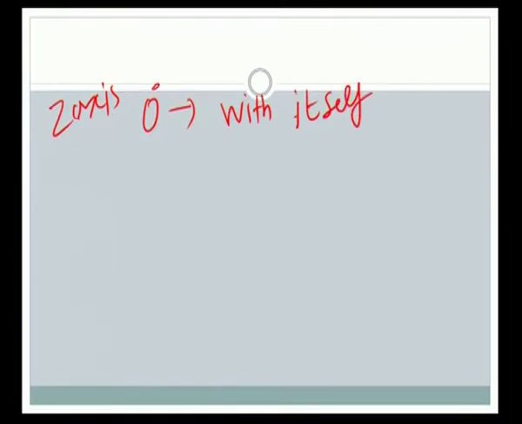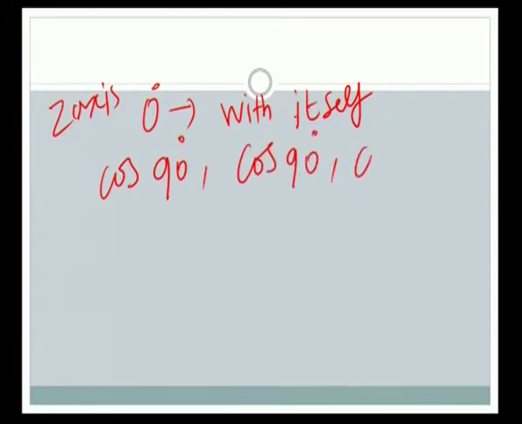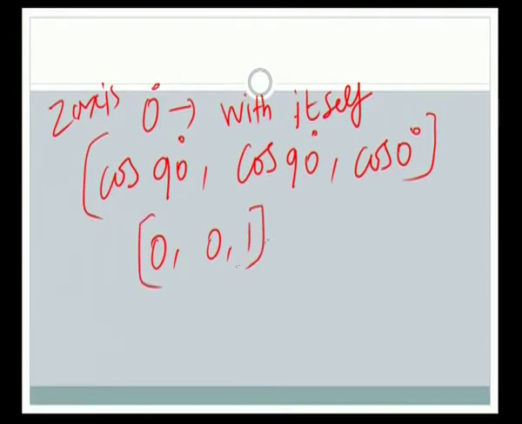So, the direction cosine of z axis will be cos 90 degree, cos 90 degree, cos 0 degree. The value of cos 90 degree is 0, so 0, 0, 1. So, this is the direction cosine of z axis.